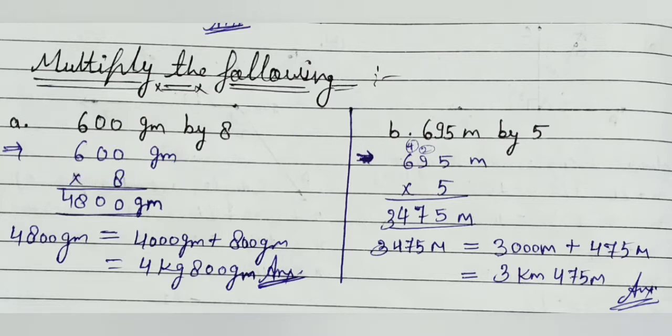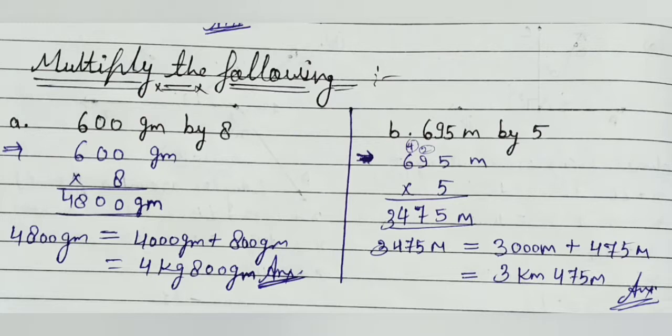Now you can see here in 600, this 0 is at the 1's place, this 0 at the 10's place, and this 6 at the 100's place, right? Now we have to multiply 600 by this single number, and a single number is always kept at the 1's place. Okay, so we will put it here and put the sign of multiply.